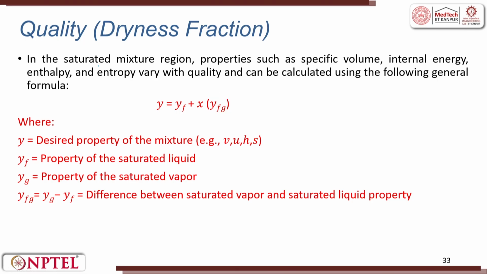So, in a saturated mixture region, properties such as specific volume, internal energy, enthalpy, entropy vary with the quality, dryness fraction, and can be calculated as Y equal to Yf, the property of the saturated liquid, plus x times Yfg. Here Y is the desired property of the mixture, given as volume, specific energy, enthalpy and entropy.